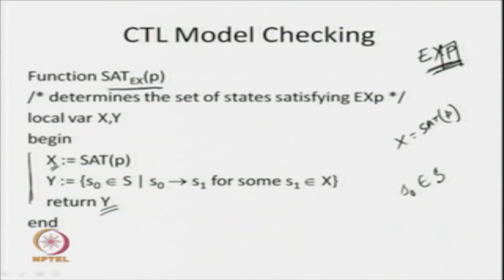Once you get this, we can collect the other states where EX P is true. We look for all such transitions where S1 must be a member of the set X, and the set X is the set of states where the formula P is true. So, this is a very simple method.